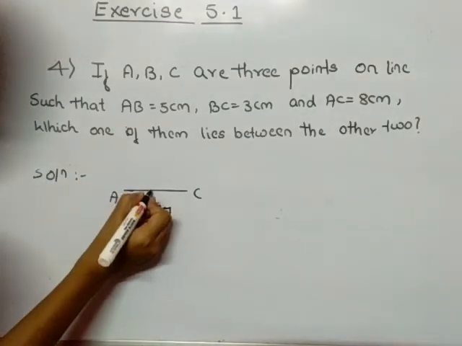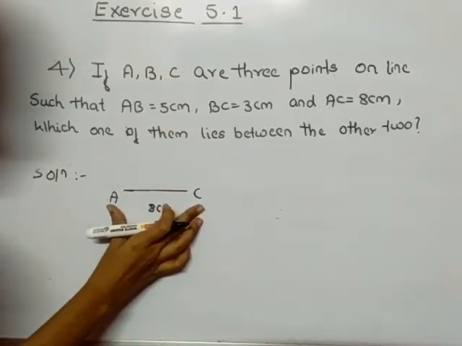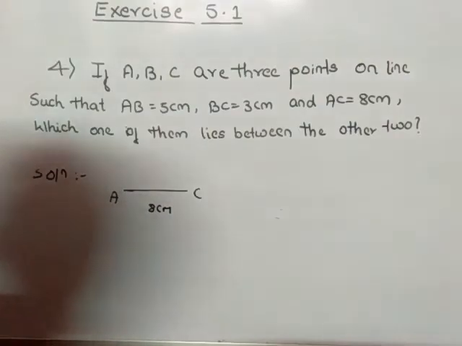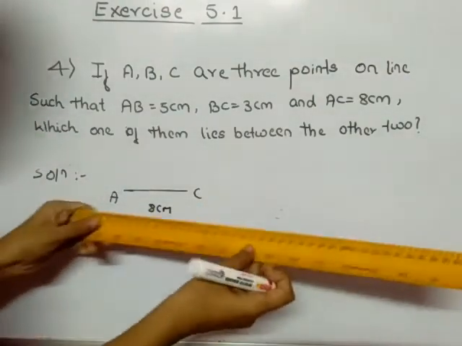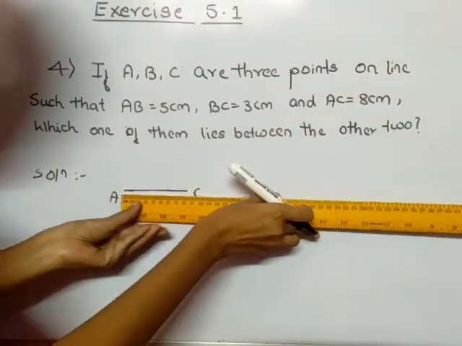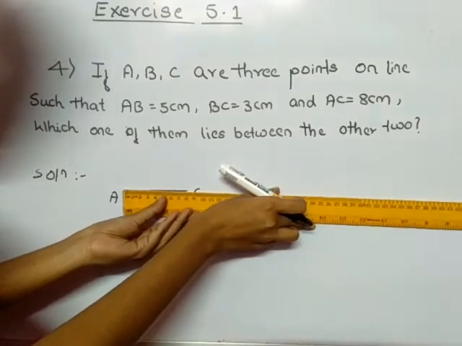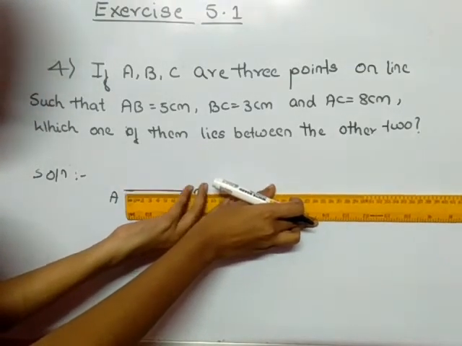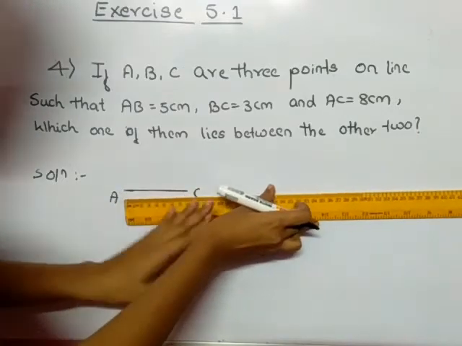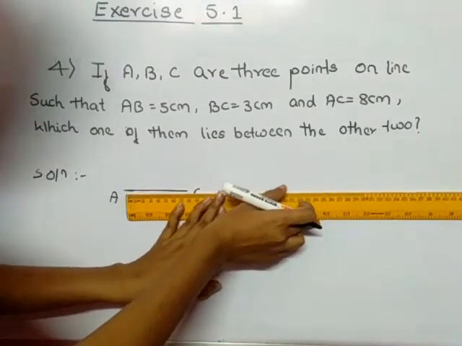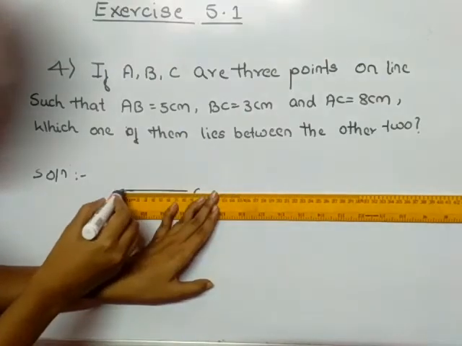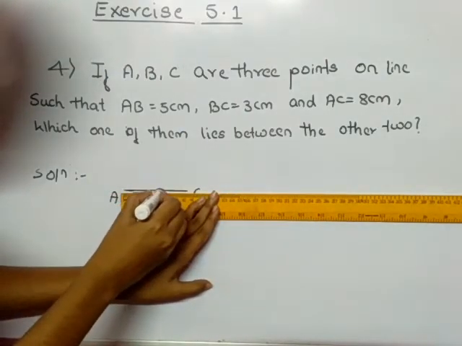Means B will lie in between A and C here, because AB is 5 centimeter here. So we'll mark a point here. We'll take a line segment of length 5 centimeter. 5 centimeter means it is here, right?